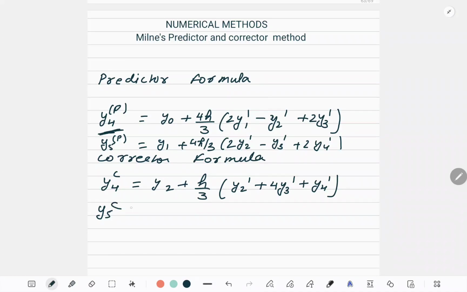In the same way, the y5 corrector formula will be y3 plus h by 3 into y3 dash plus 4y4 dash plus y5 dash. Okay, now let us work on it.